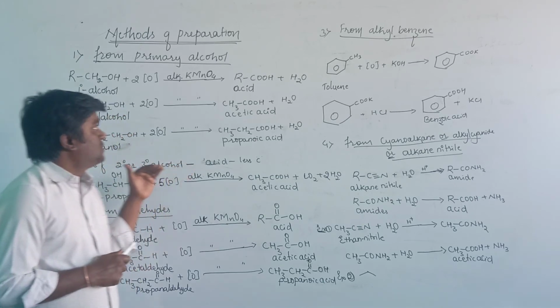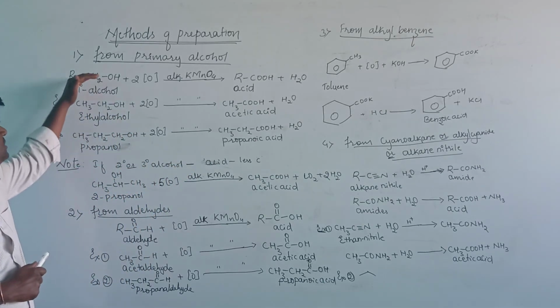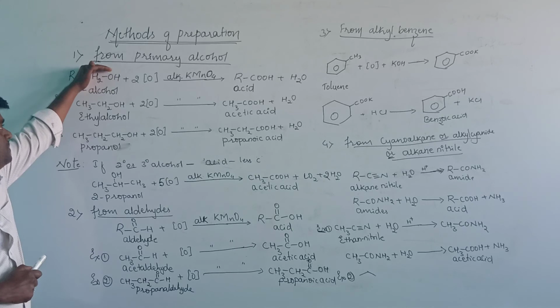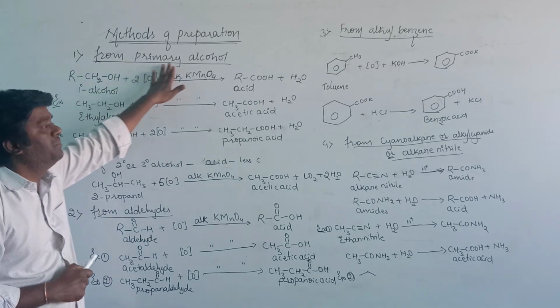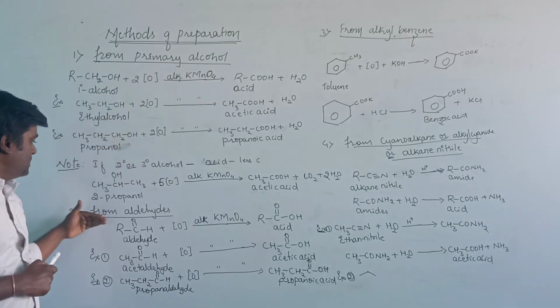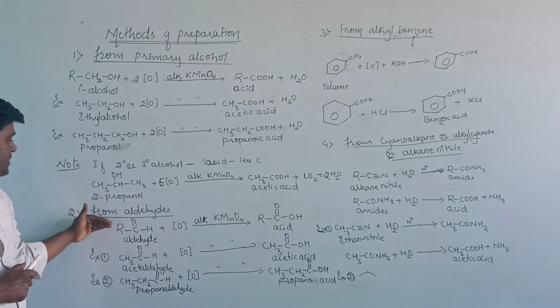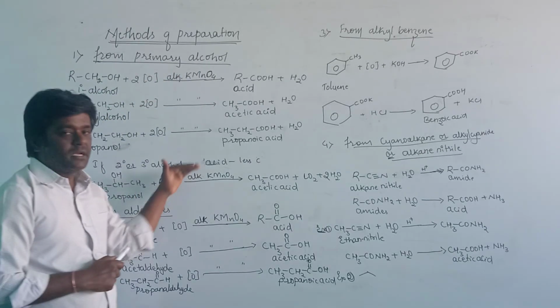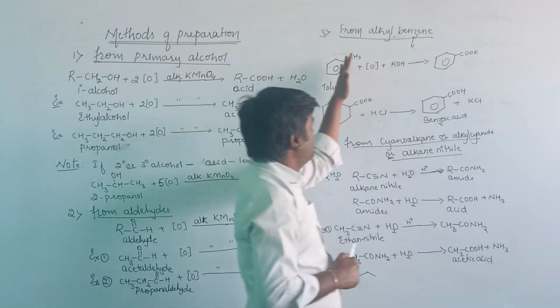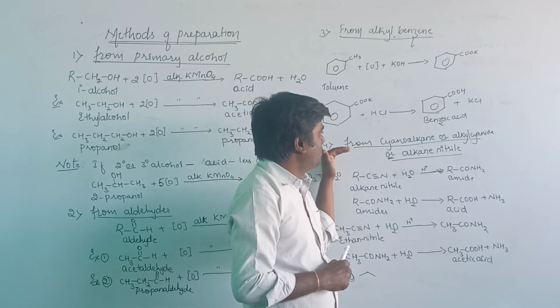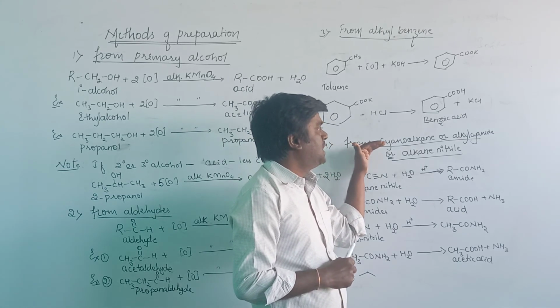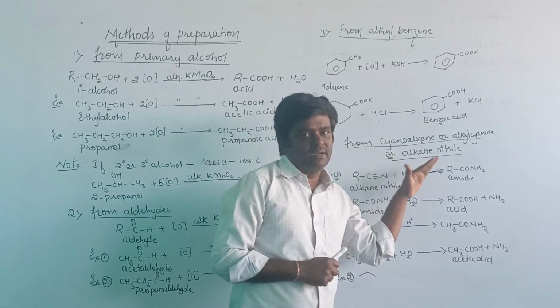We have seen four methods in today's class. The first one is the method for the preparation of carboxylic acid from primary alcohol, the second one is from aldehydes, the third one is from alkyl benzene, and the fourth one is from cyanoalkanes or alkyl cyanide or alkane nitrile.